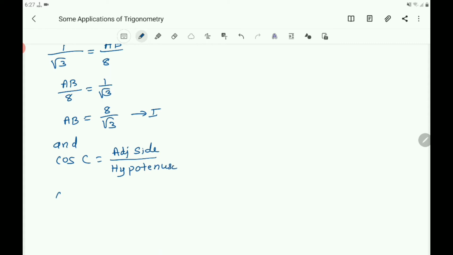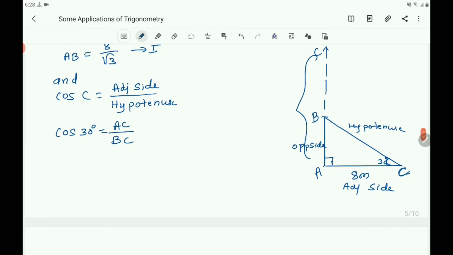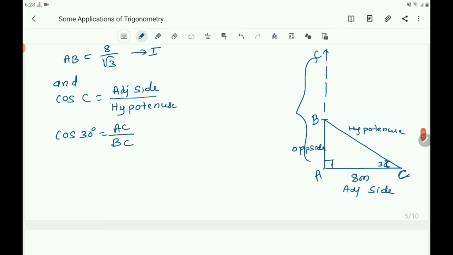Cos C is cos 30 degree. Cos of 30 degree equals adjacent side is AC by hypotenuse is BC. What is the value of cos 30? That is root 3 by 2. You must know the value. Here cos 30 is root 3 by 2 and AC is given, that is 8. BC is to be found out.